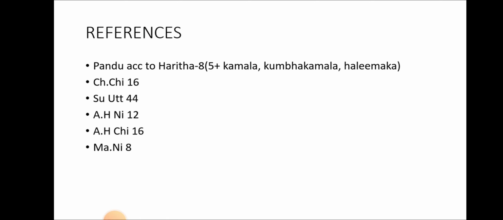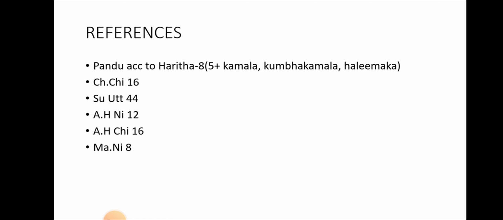And according to Vagbhata, in Ashtanga Hridaya also, Kamala is caused by aggravated pitta, and it may occur with or without Panduroga. And a simile Acharya has mentioned, like you already studied about Prameha Pidakas, which may occur with or without Prameha. Similarly, Kamala may occur with or even without Panduroga.